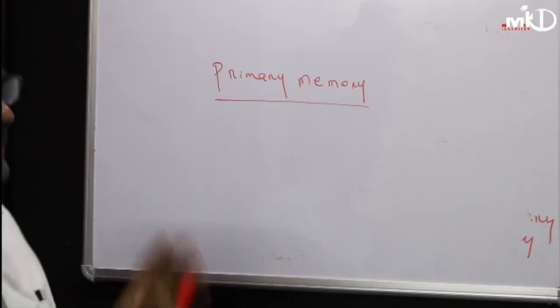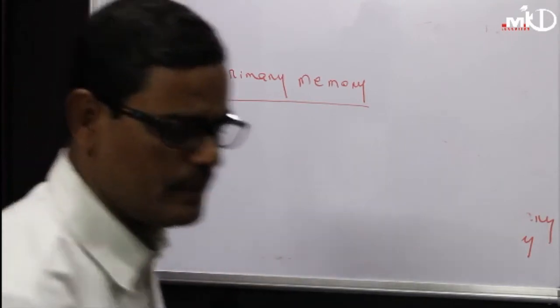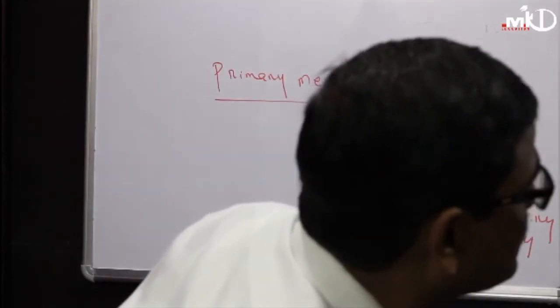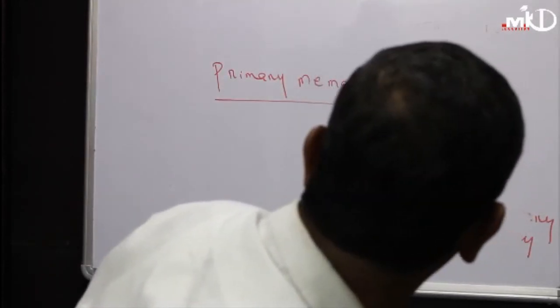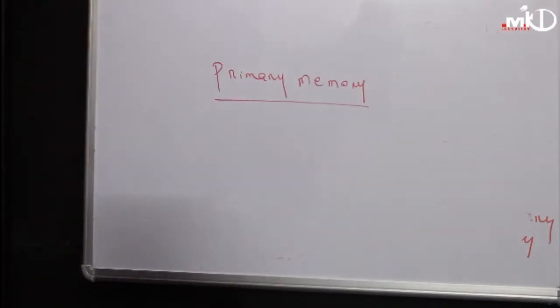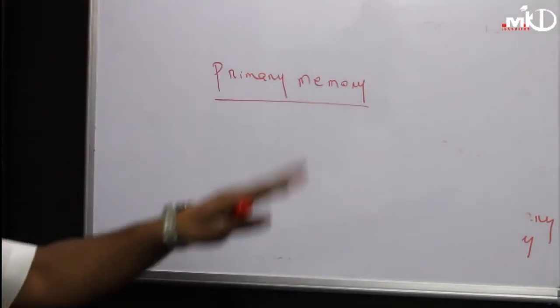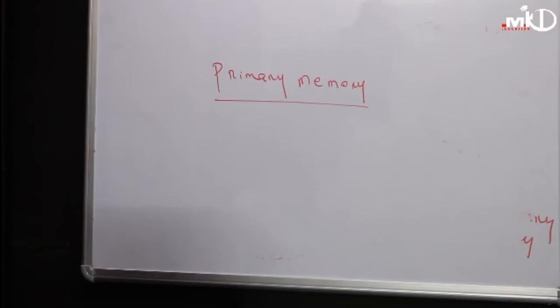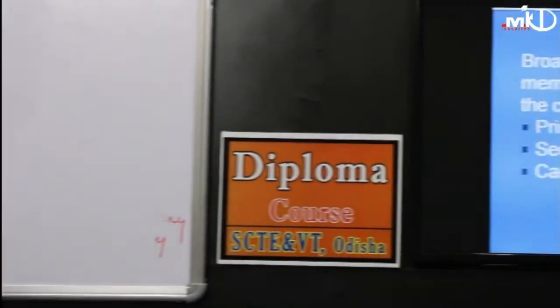Apart from the primary memory, there is some secondary memory. First I will cover the primary memory, then I will go to the secondary memory. Already I discussed there are three types: primary memory or main memory, secondary memory or auxiliary memory, and cache memory.